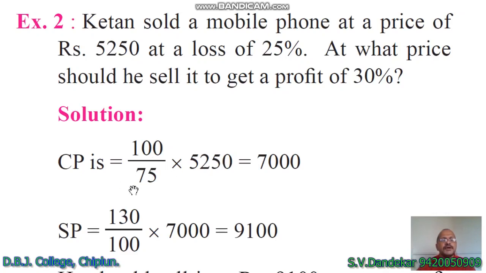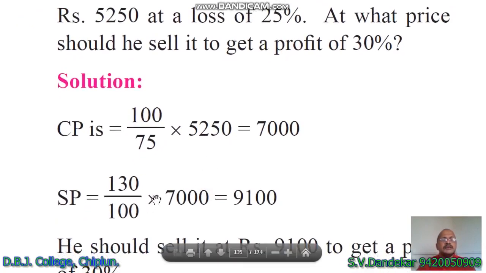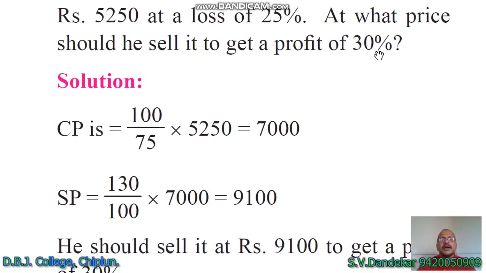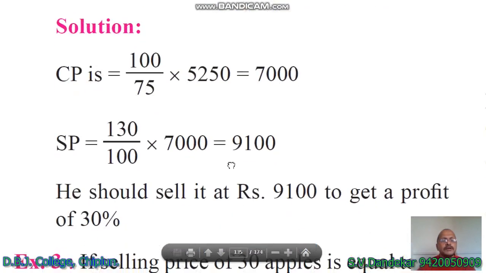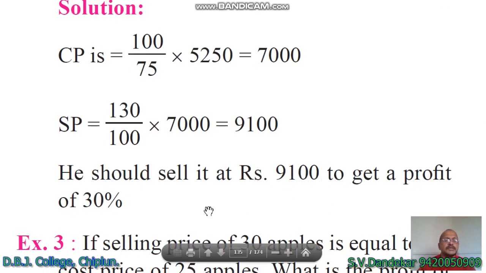This 75 is related to 25. And selling price, after adding gain of 30%, is 130 by 100 into 7000, it is 9100. So he should sell the mobile at rupees 9100 to get a profit of 30%.